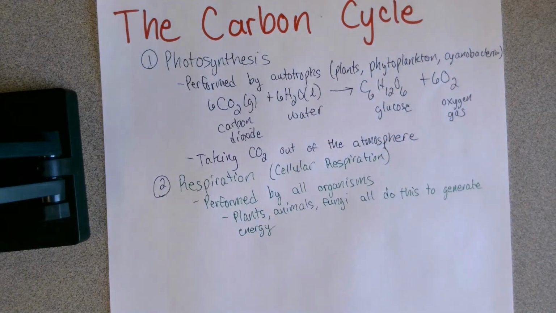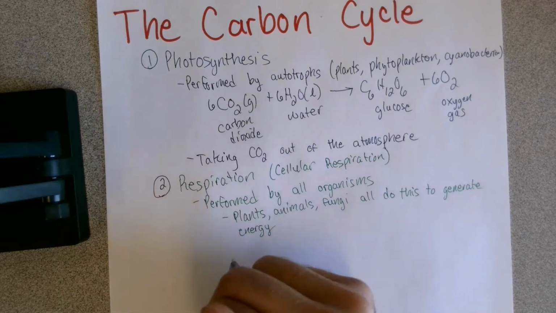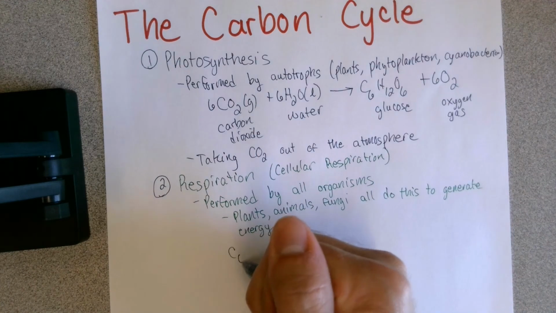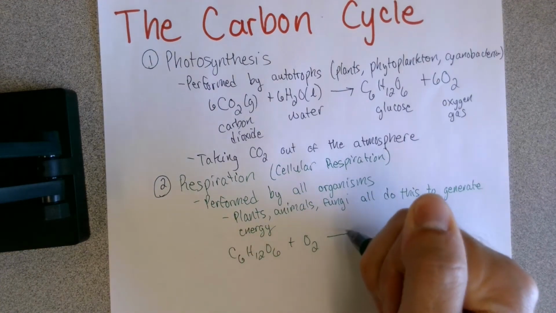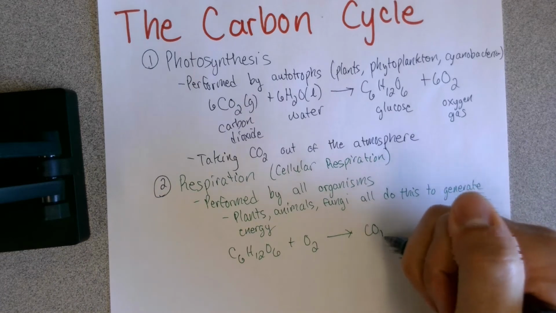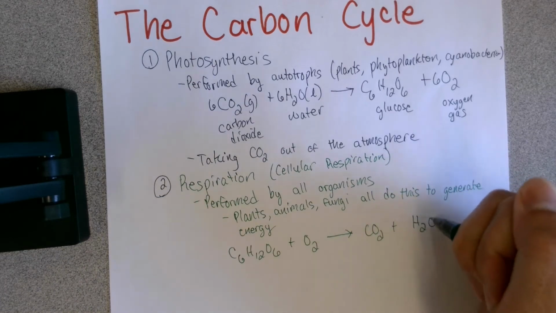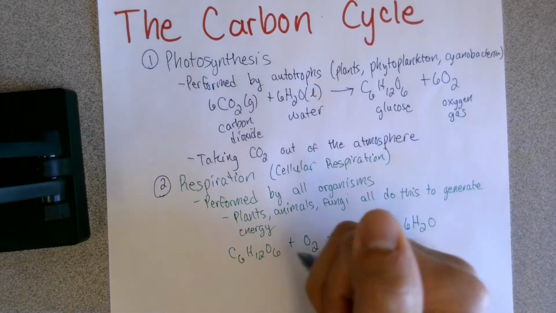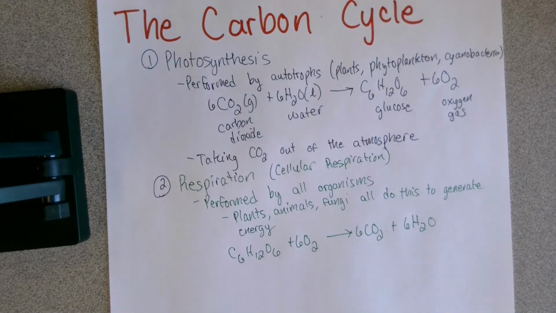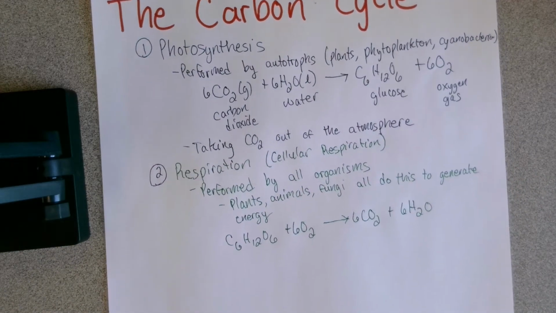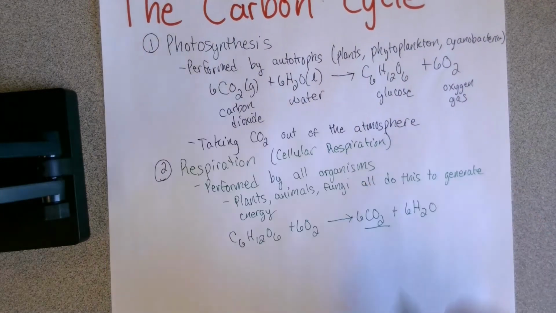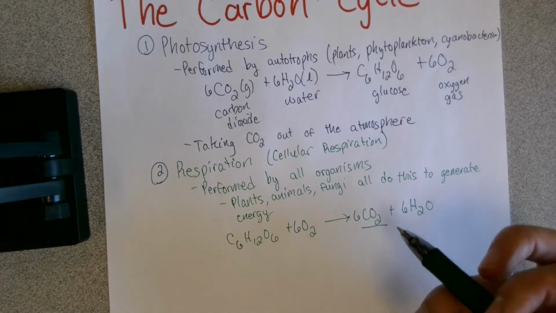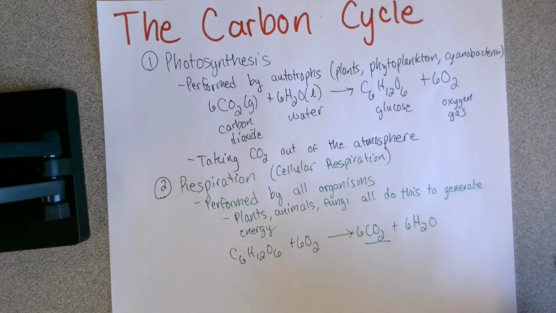Alright, so here's the chemical formula for cellular respiration. It's just a flip, so you've got C6H12O6 plus O2 forms CO2 plus H2O. So 6, and then 6. So cellular respiration is going to be putting carbon dioxide back into the atmosphere, and then photosynthesis takes it out of the atmosphere.